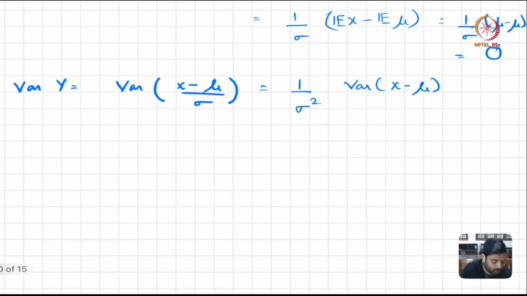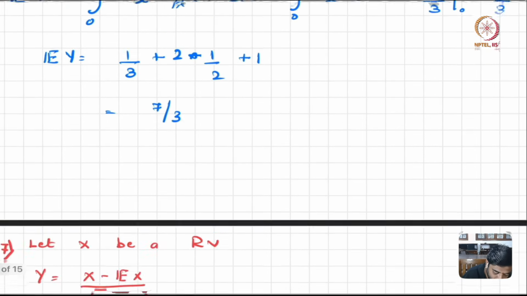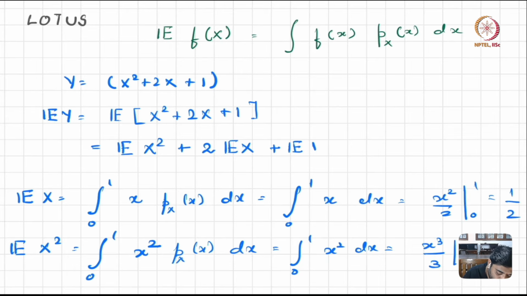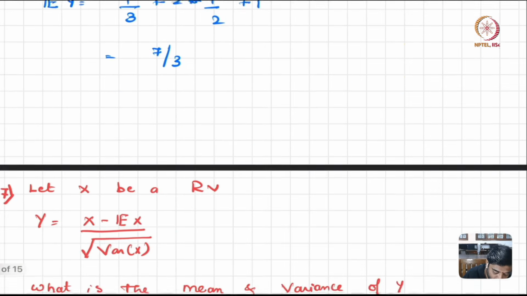Maybe I should write these formulas somewhere. Let me use some other color. These are the formulas I'm using. Expectation of x plus y is expectation of x plus expectation of y, the linearity of expectations.